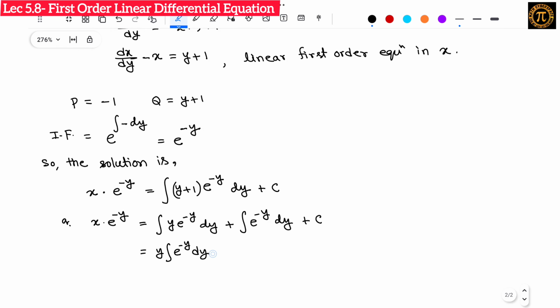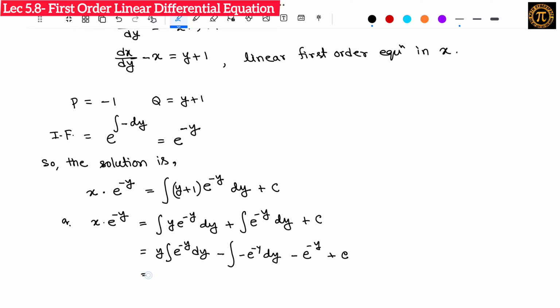Okay, and minus integration of the derivative of the first function, that means 1, times the integration of the second function, so the integration of e to the power minus y is minus e to the power minus y, dy. Plus here the integration will be minus e to the power minus y, plus c.